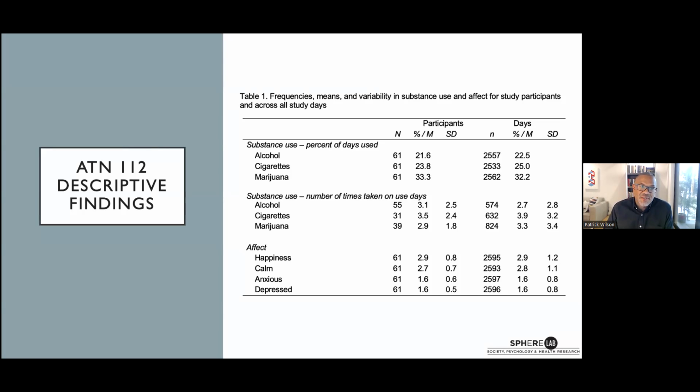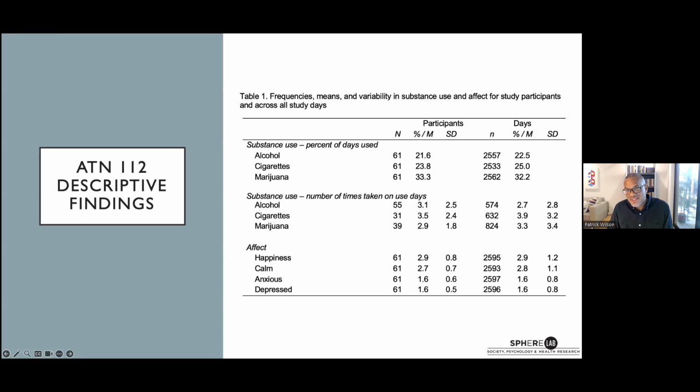So just to show a little bit of our descriptive findings, looking at substance use, what we found primarily was that our participants used alcohol, cigarettes, and marijuana. We assessed other drugs, but those were the most frequently used. And this is where it's important to understand the distinction between the participant level and the day level.